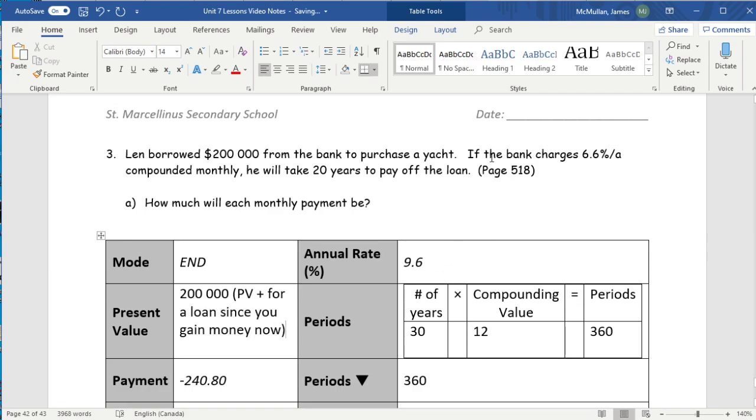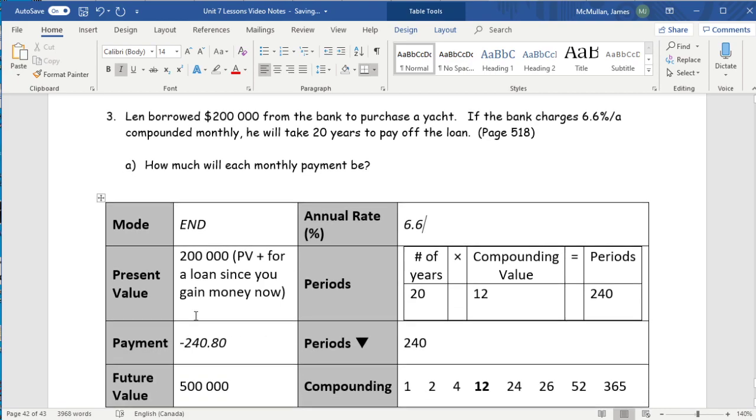The bank charges 6.6% compounded monthly. He will take 20 years to pay off the loan. So 20 years, monthly, is 240 periods. The bank is charging him 6.6% per year.